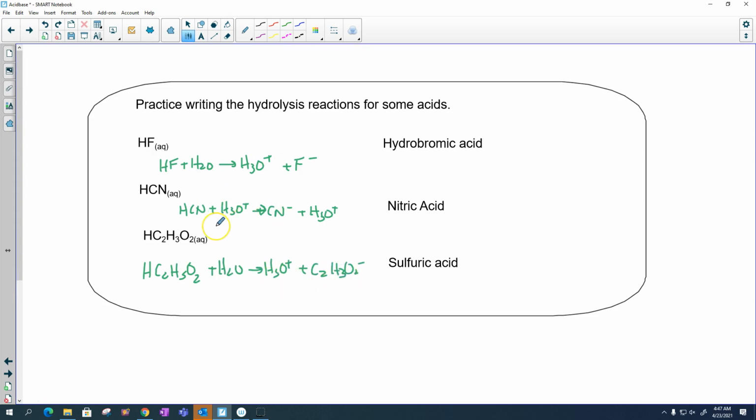So look, it's kind of similar here, right? We've done some of these already, but if you try some of these, you'll see they're just starting to get easier and easier, and you'll find that this is really just following that little template. Hydrobromic acid, okay, HBr plus H2O yields H3O plus Br negative.